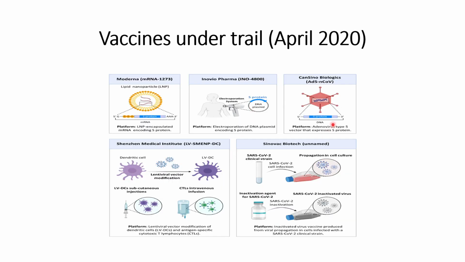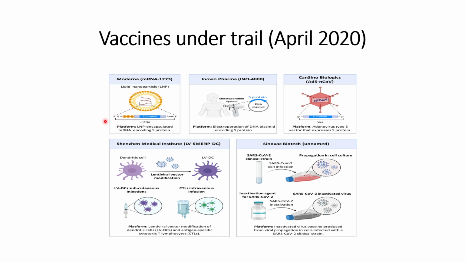So this data is somewhat old. However, it gives an idea about the principles behind vaccine formation. The Moderna vaccine is an mRNA-based vaccine. They took a part of the S protein in the mRNA and packaged it in lipid nanoparticles.